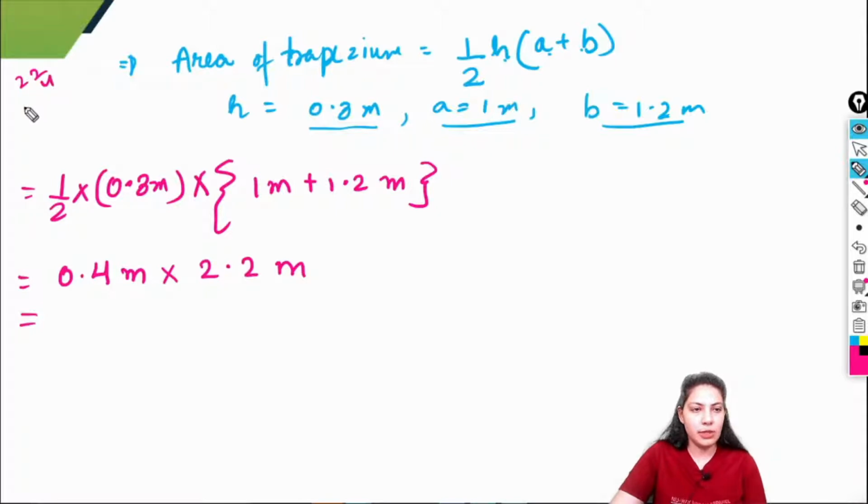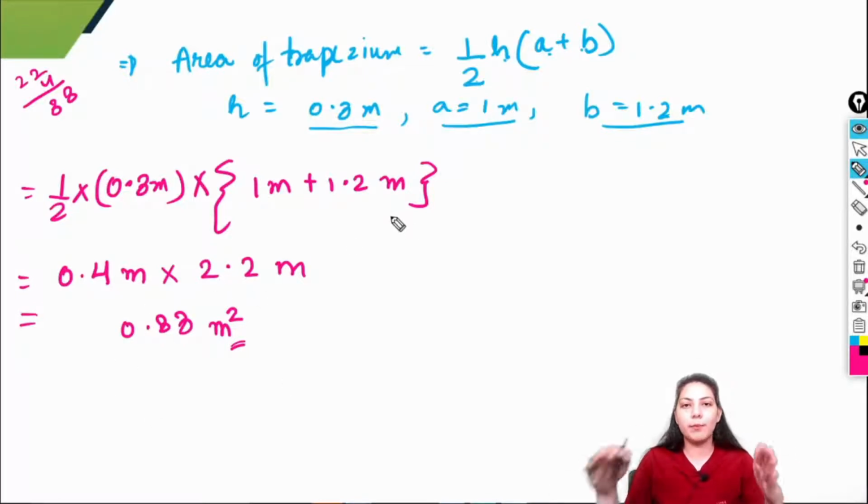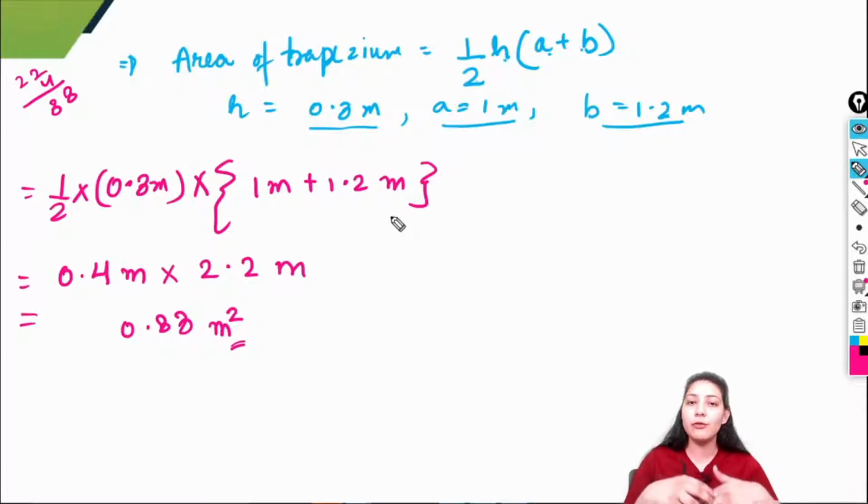So let me solve over here. 4 2s are 8, 0.88 meter square, because this is the area. So the answer would be in square units. So this is the area of top portion of our table, that is in the form of trapezium.